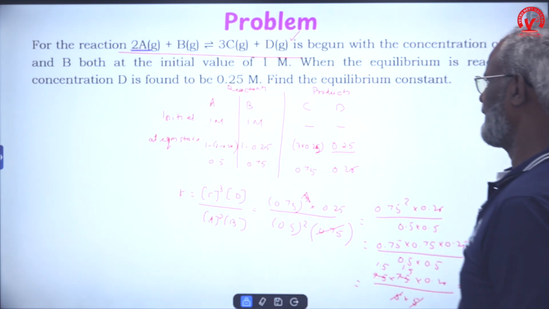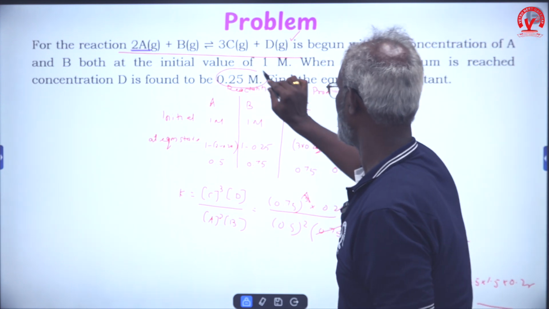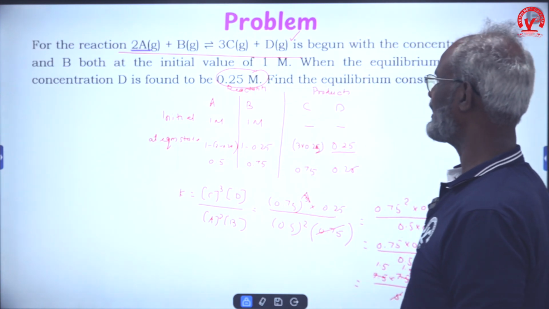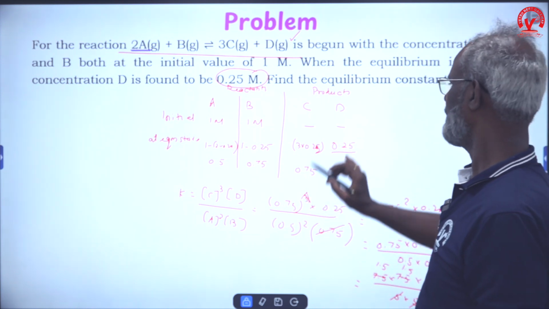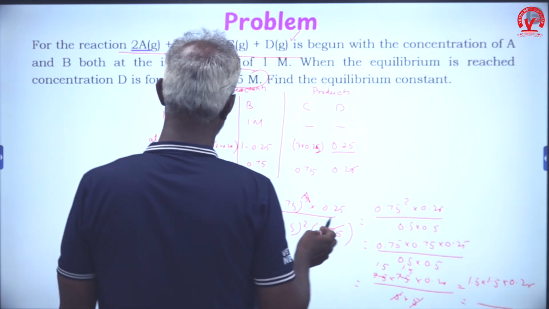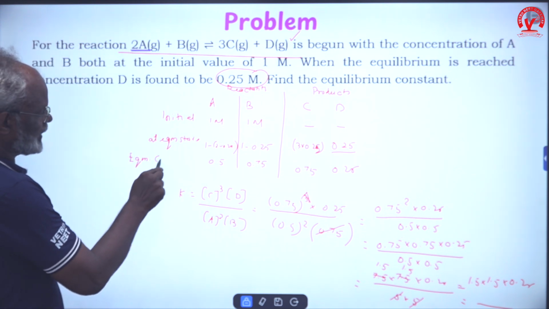So if you are given one of the equilibrium concentrations and the initial concentrations of the reactants, then you can stoichiometrically find out the equilibrium concentrations. The last line will be the equilibrium concentrations.